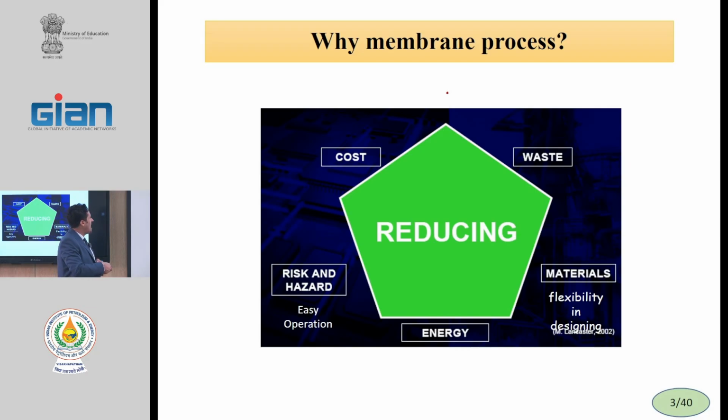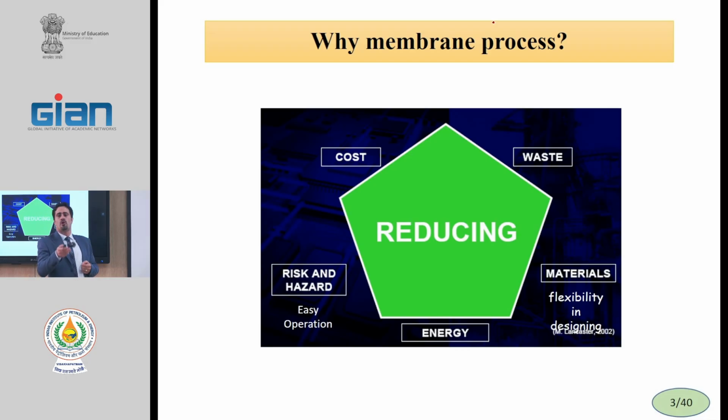And we have very low risk and hazards. We usually use a pressure of 2 atmospheres, or in RO, we use 50 atmospheres of pressure. And this pressure is not important.